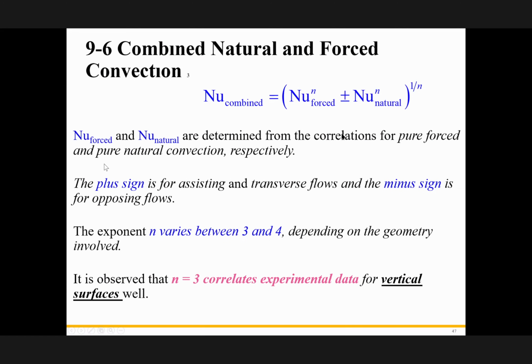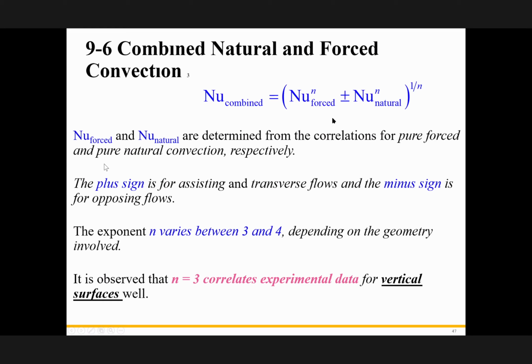Or determine the correlation from pure convection. So I have to go to chapter 7 to calculate the forced convection, because this is an exterior problem. I have to go to the beginning of chapter 9 to calculate natural convection to see which scenario it is. And then I use a plus sign if they are in the same direction, and if it's in the opposite direction, you have to use minus.